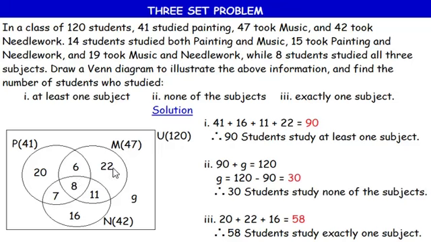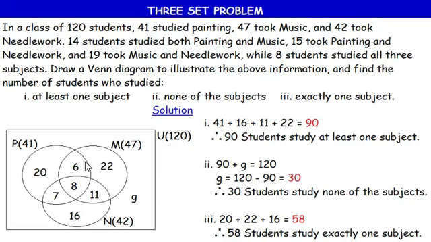Add up everything in the three circles, with the exception of what is outside here. So you're just going to add up region 1, 2, 3, 4, 5, 6, and 7. Right? So you're going to add 20 to 6 to 8 to 7 to 16 to 11 to 22.